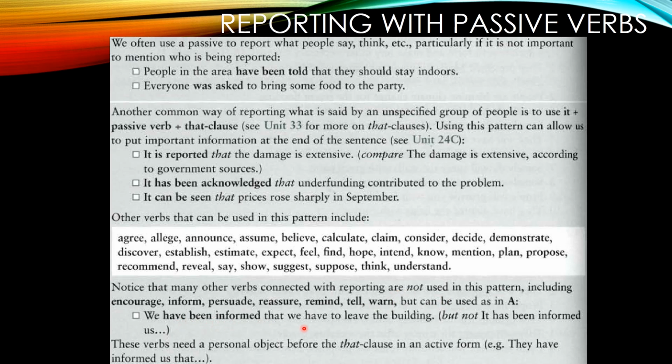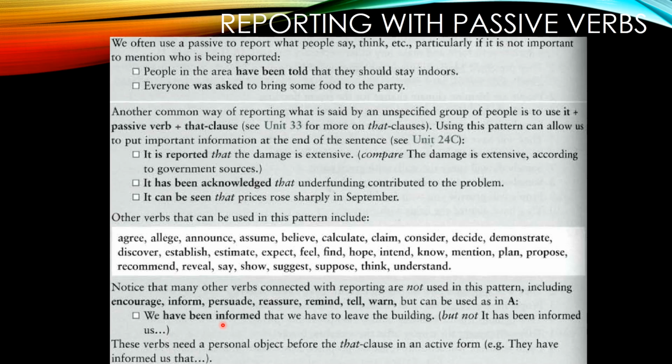We have been informed that we have to leave the building, but not it has been informed us, because it sounds first of all illogical, so it can't be used in this pattern. But we have been informed is possible, because there were some people who informed us about that.